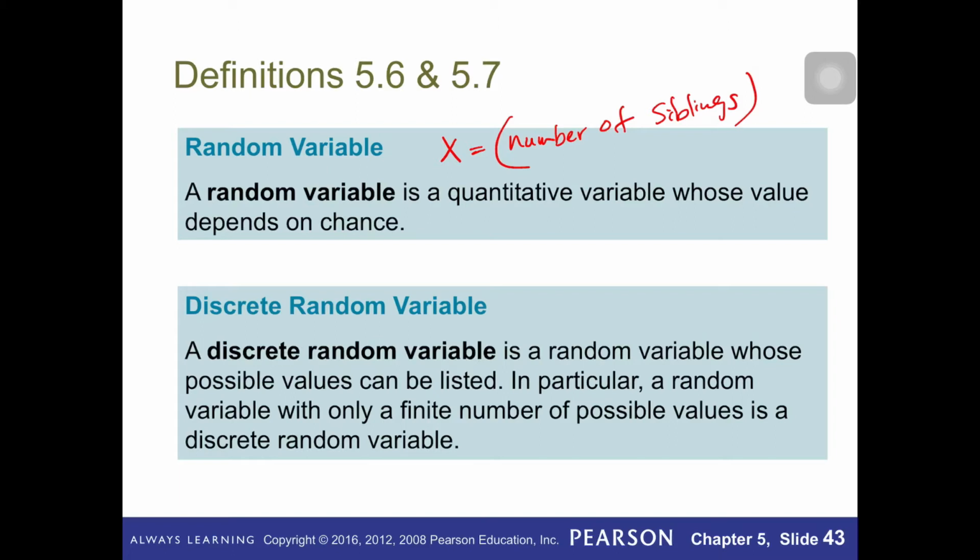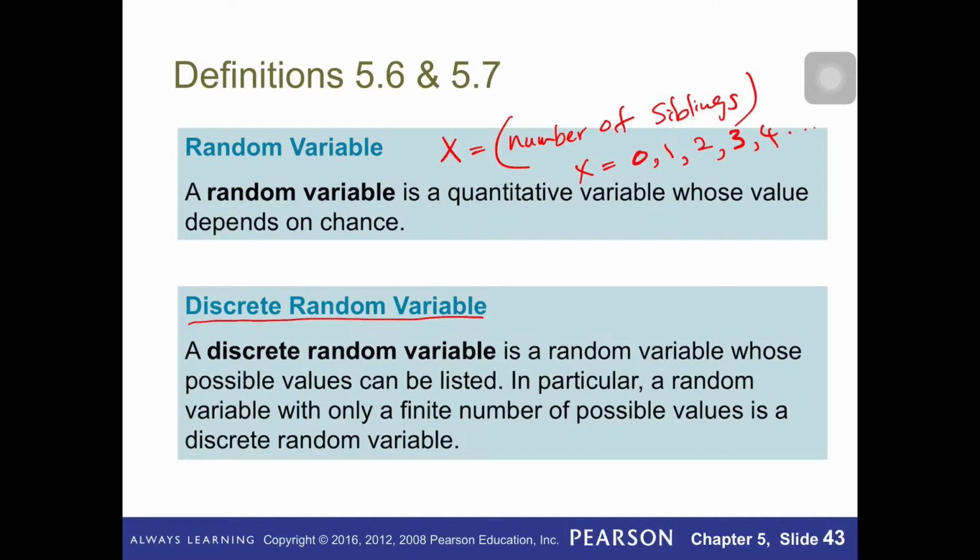So siblings can be 0, 1, 2, 3, 4, something like that, right? These values, what is the special case of these values? These values are discrete values. So in this part we are talking about that discrete random variable. If a random variable consists of discrete values, we call that random variable a discrete random variable.